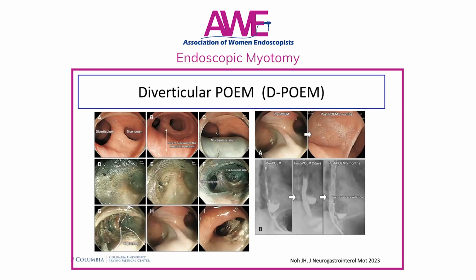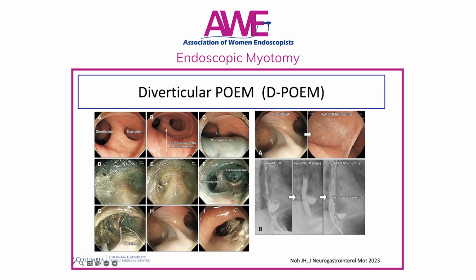Similarly, when we look at diverticular POEMs, these usually are diverticula that are either mid-esophagus or epiphrenic diverticulum, just proximal to the LES. And these can really vary in size, but you can see here how sometimes the diverticulum itself is larger than the lumen of the esophagus.